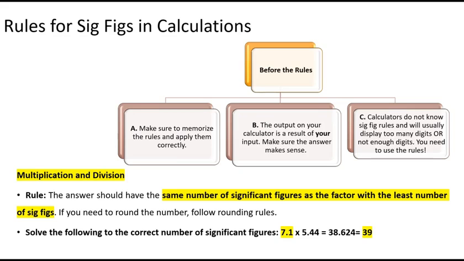Because our first factor has 2 sig figs, while our second factor has 3 sig figs, our answer has to stop with 2 sig figs. Because the 6 after the 8 is greater than or equal to 5, we're going to go ahead and round up the 8 to a 9. Our answer is 39.